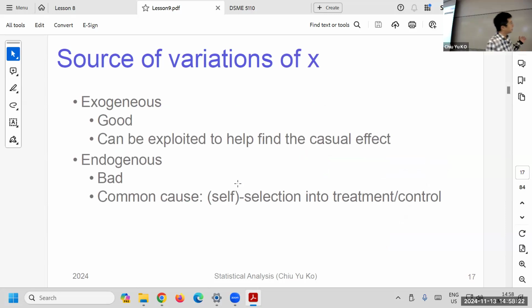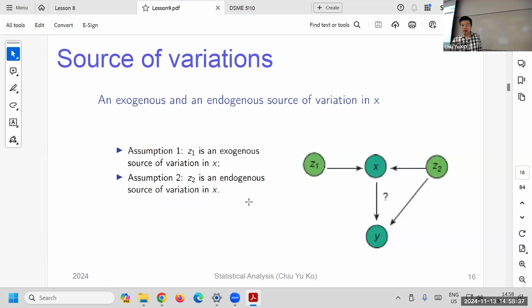So as I said, exogenous is good, and we can exploit it. Endogenous is difficult. Okay. If you run the regression later, you will see that if I cannot control your parents' data, but I can look at your gene, which is maybe unaffected by this, suppose, then I'm fine.